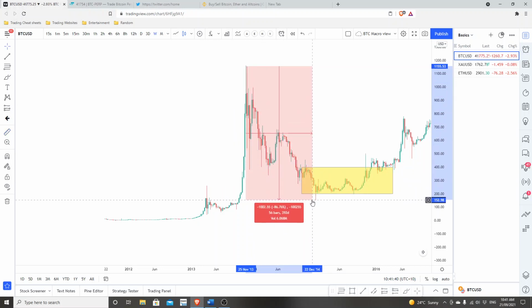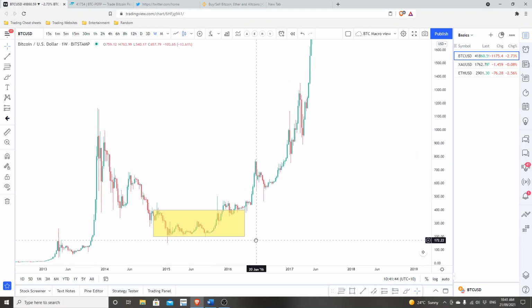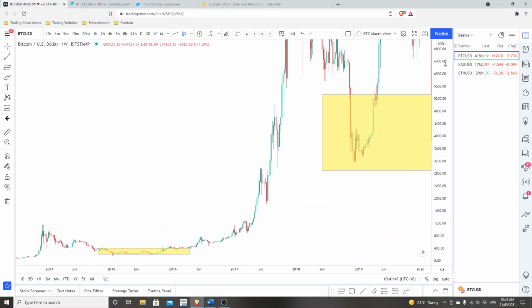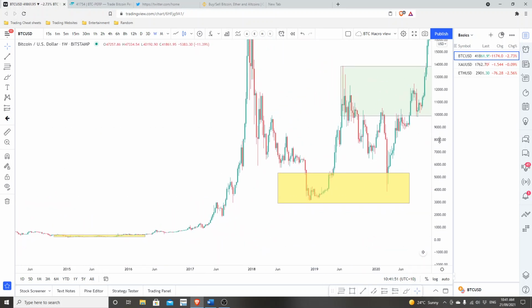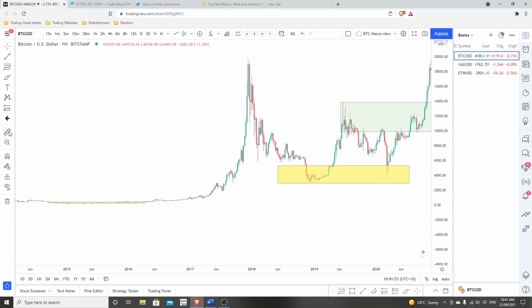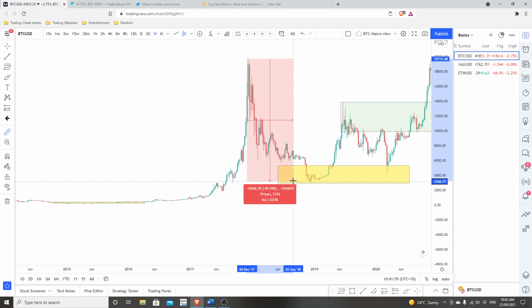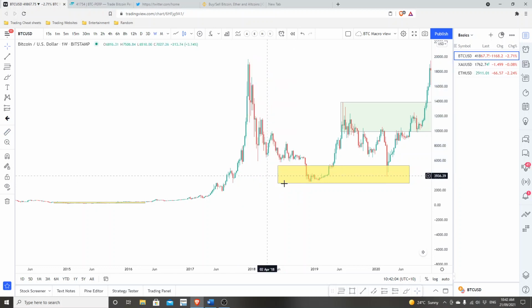What did we lose? 86%. Again. Up to the top of that Bitcoin run, all the way to the bottom down here, and what do we get? 84%.